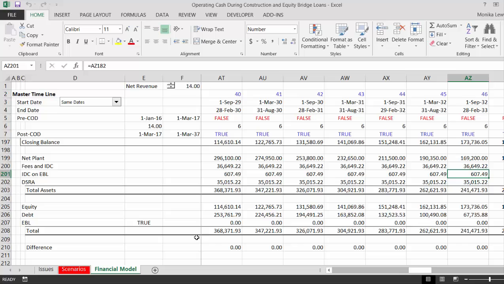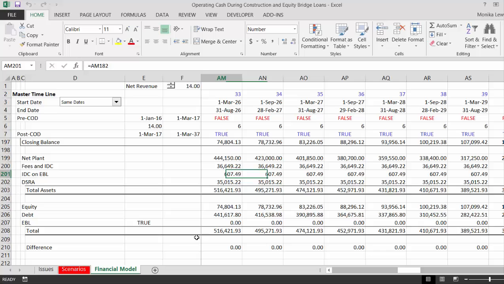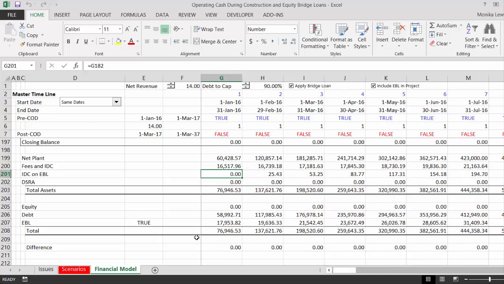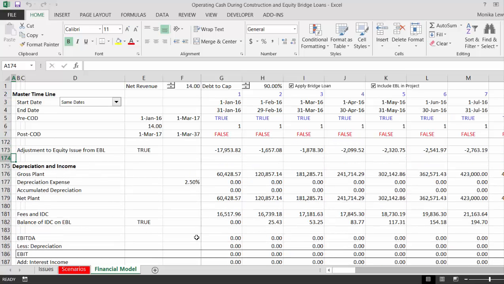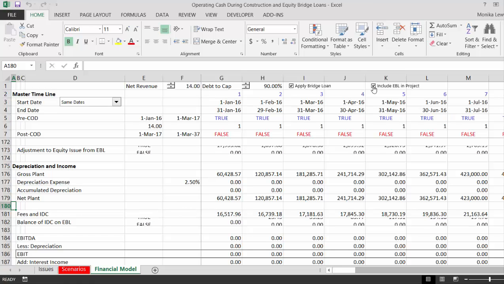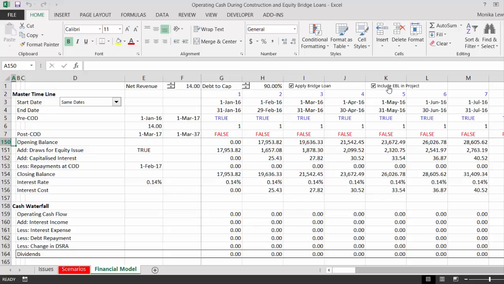I didn't amortize it because I really don't care about amortization in this scenario, but we'd have to deduct that and make a depreciation adjustment for it. Now to get that to work, here I tabulated the balance on the bridge loan, and that depends on how we book it. And if we book it as part of the project here, I put an adjustment to the equity. So those are the sort of things you could do.